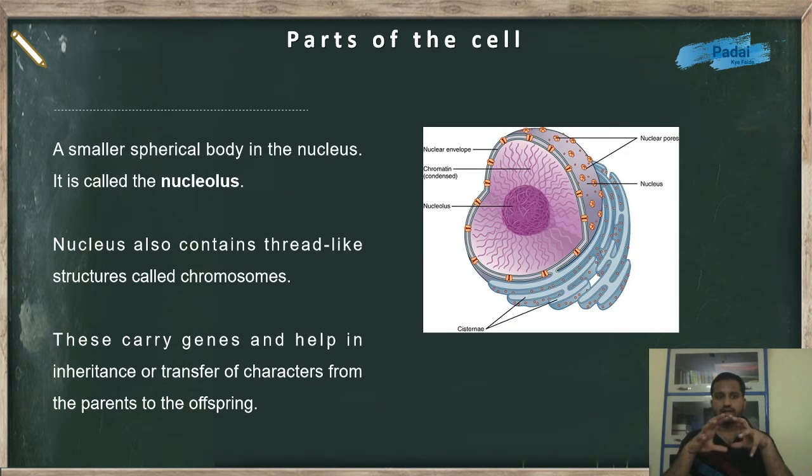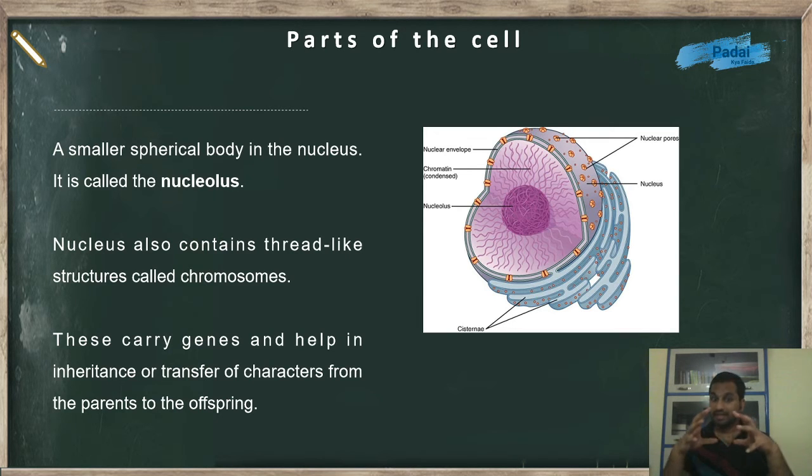And a smaller spherical body is present inside the nucleus. So now we have the cytoplasm. In the cytoplasm we have the nucleus, which is separated from the cytoplasm by the nuclear membrane, which is porous and helps transport materials from the cytoplasm into the nucleus.